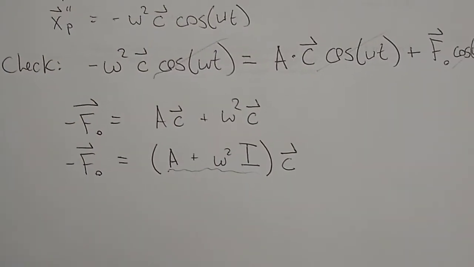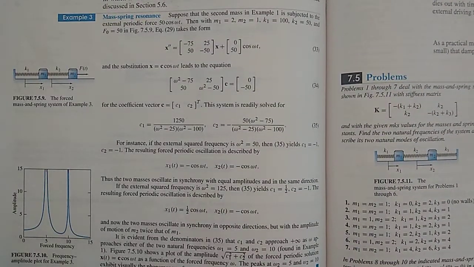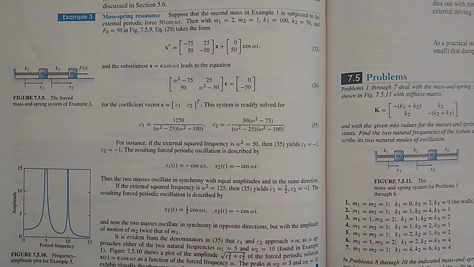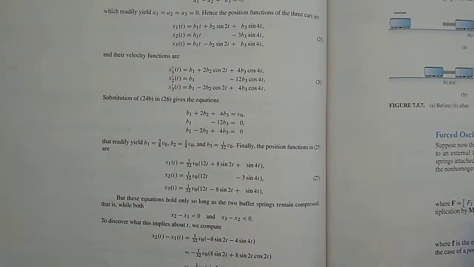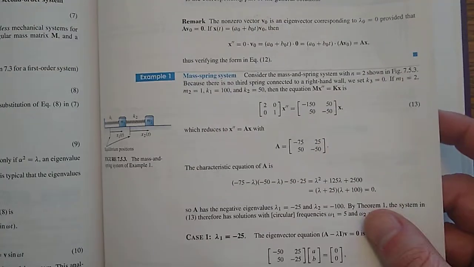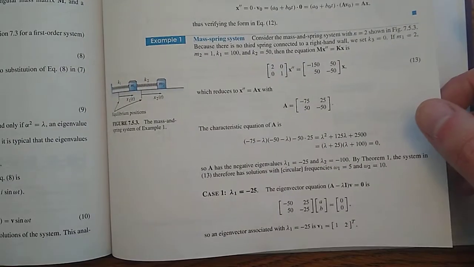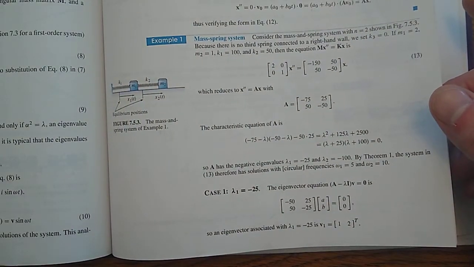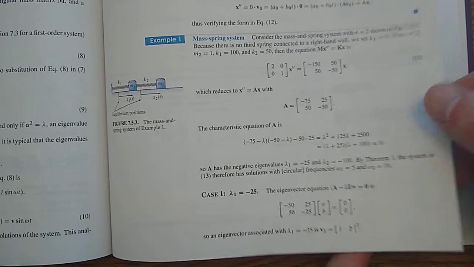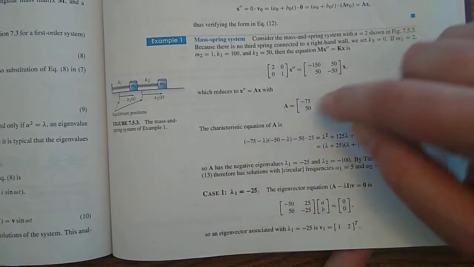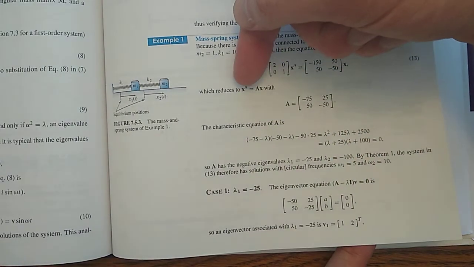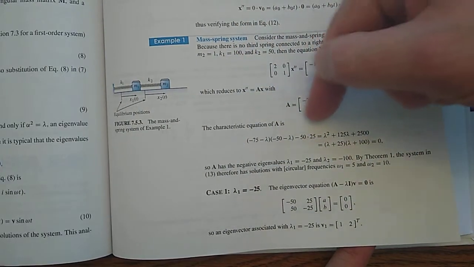Okay. Let's see this maybe in practice. Example 3. We take the same system from example 1, which, if you remember, was x double prime equals Ax, where A was this matrix.